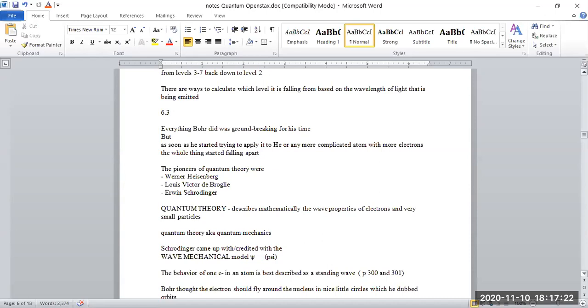So let me talk about Mr. Schrodinger and his infamous cat. In the world of quantum physics, quantum reality, things are not as predictable as you would think they should be based upon our normal everyday macroscopic world.